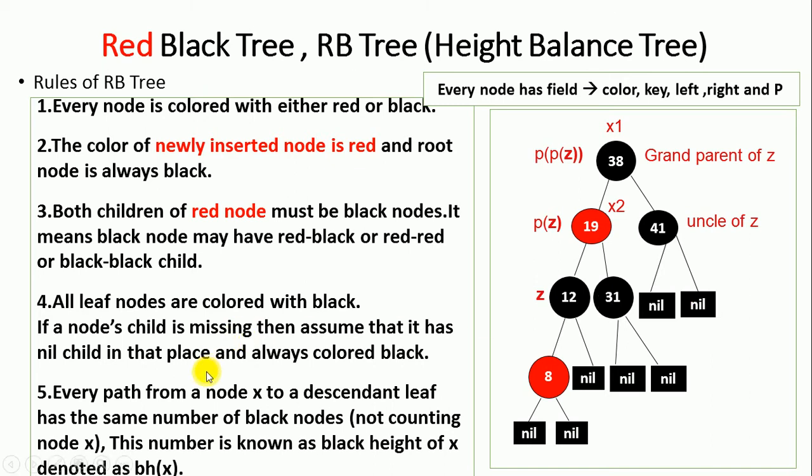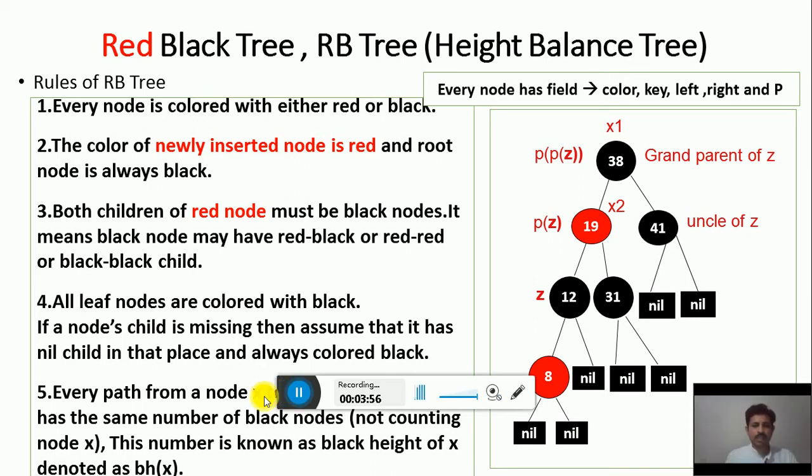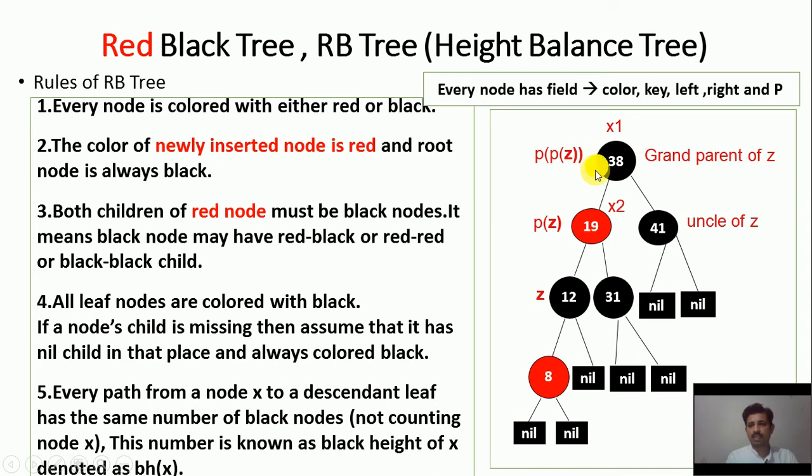And the fifth property, which is the most important property, is known as the black height property of node X. This property says that for every path from any node X to its descendant leaf node, the number of black nodes will be the same. So from node number 38 to its leaf node, we can see that there are several paths.